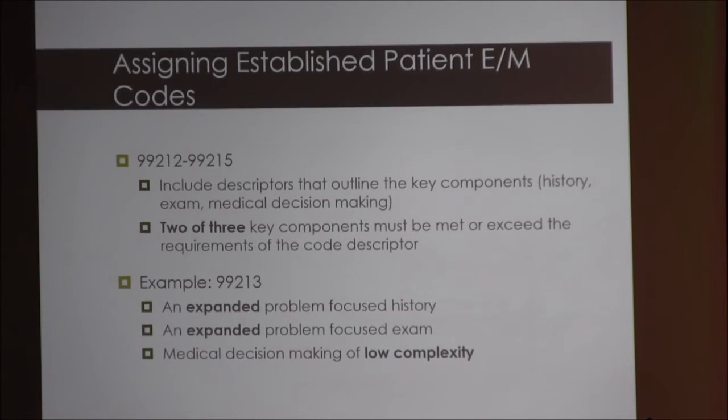So established patients, like I said, 99212 to 99215. Two out of the three have to be met in order for you to have that. So another example descriptor, 99213, would be an expanded problem-focused history, an expanded problem-focused exam, and then, again, low complexity for medical decision-making.